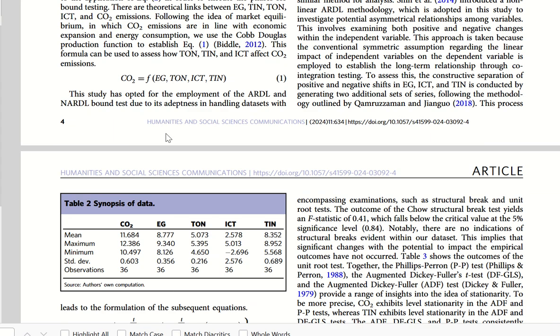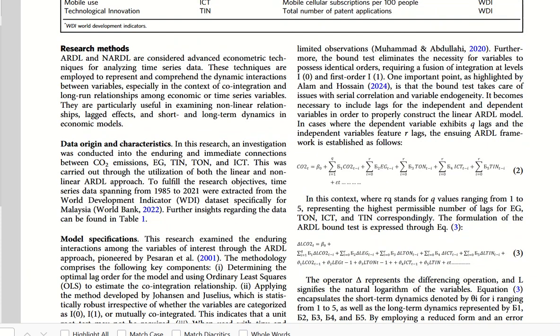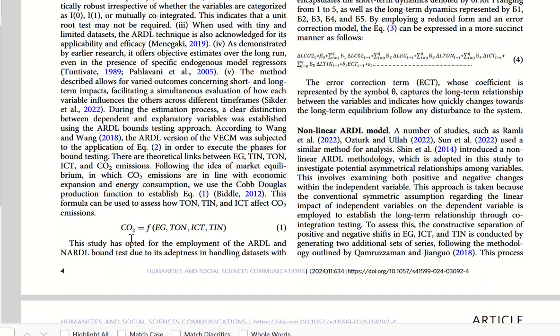Now comes the theory behind the model. Here the author assumed market equilibrium. CO2 emission is linked to economic growth, energy use, and technology.